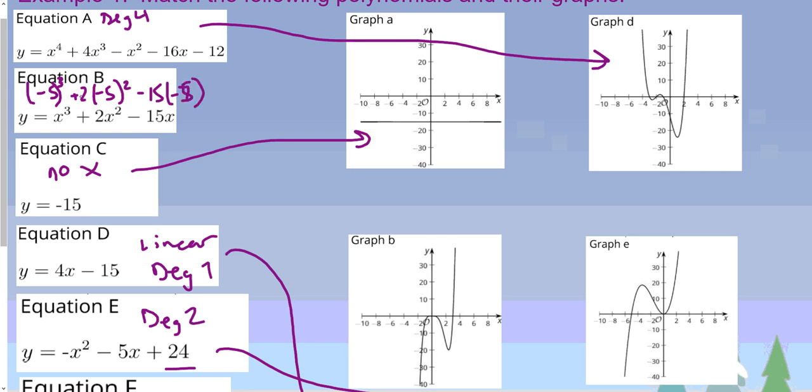Okay, 5 to the third power is 125. Negative times negative times negative, so that's negative 125. 25 times 2 is 50. And negative 15 times negative 5 is positive 75. So negative 125 plus 125, hey, that's 0. Guess what? Looks like it's got an x-intercept.